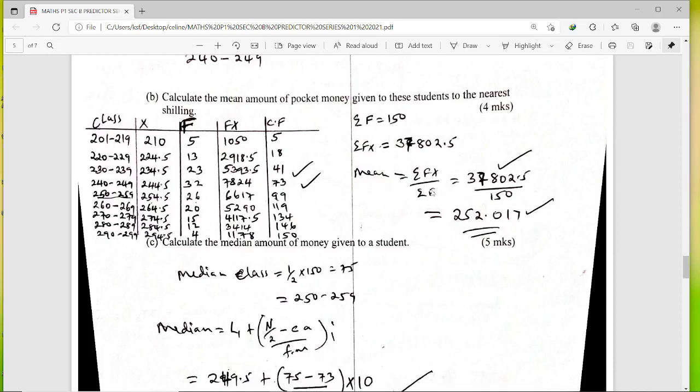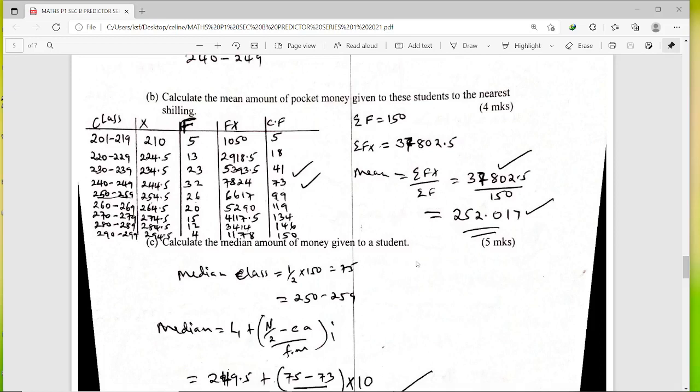So our mean will be 37,802.5 divided by 150, and that gives you 252.017 shillings. So that is the amount of money averagely each student was given, 252 shillings.